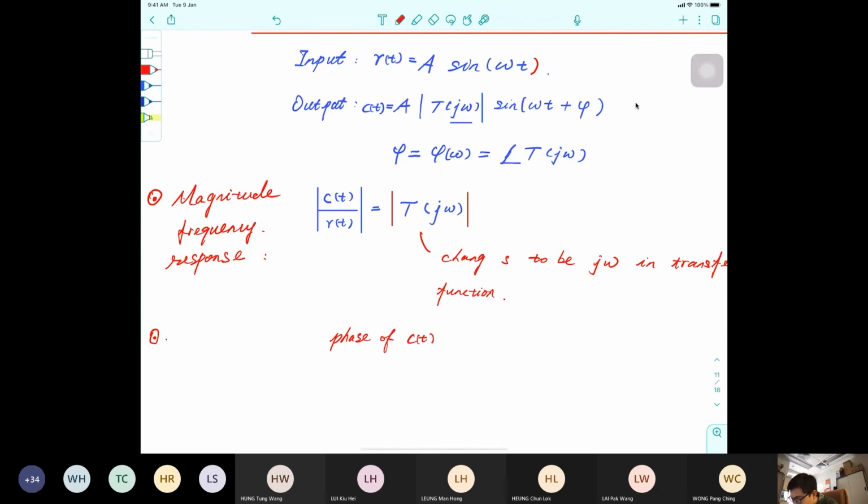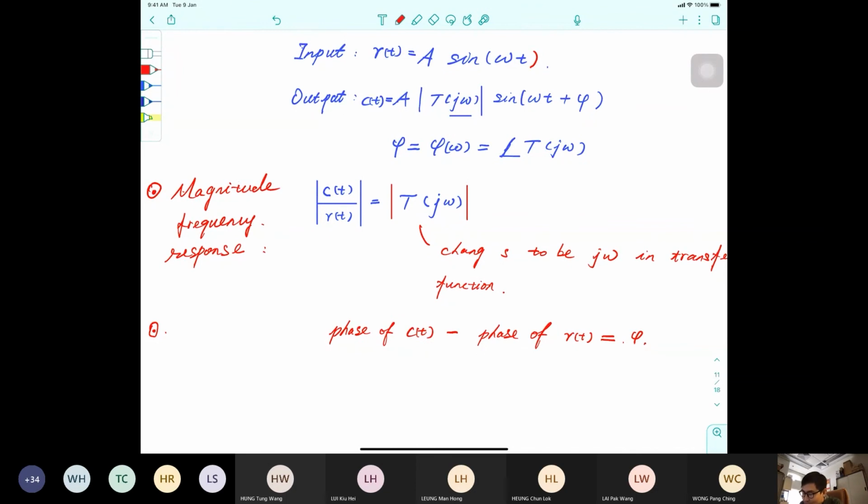第二个，我们看 phase。Can you tell me the phase of C(t) minus the phase of R(t)? What does it equal to? Phase of C(t) is phi. Phase of R(t) is 0, right? Therefore, the difference is phi, right? Actually, phi is a function of omega.